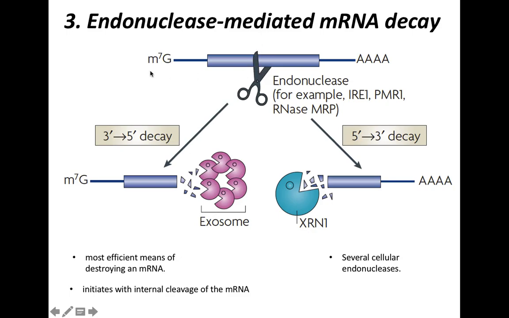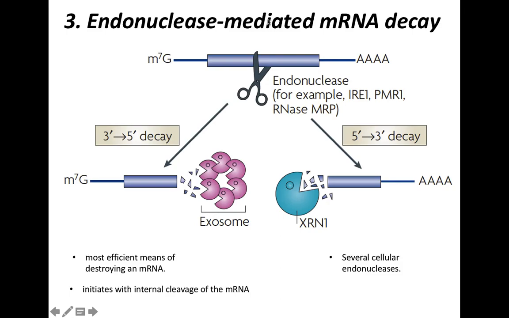They are protected at their 5' end by the cap and at their 3' end by the poly A tail. So both ends are protected from the attacks of exonucleases. However, there's not much protection in the middle.